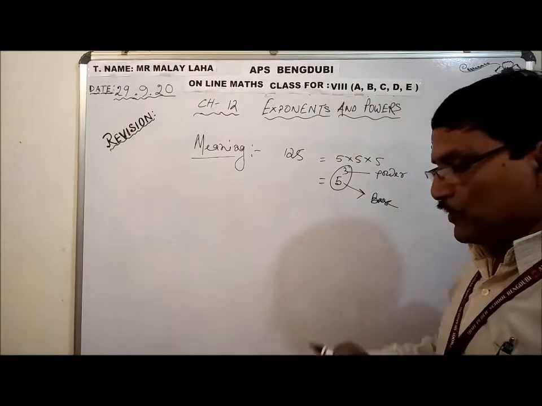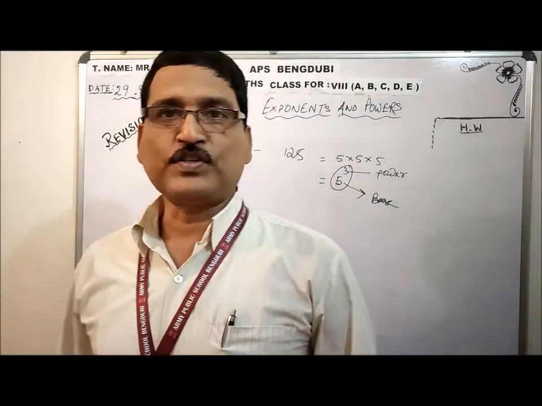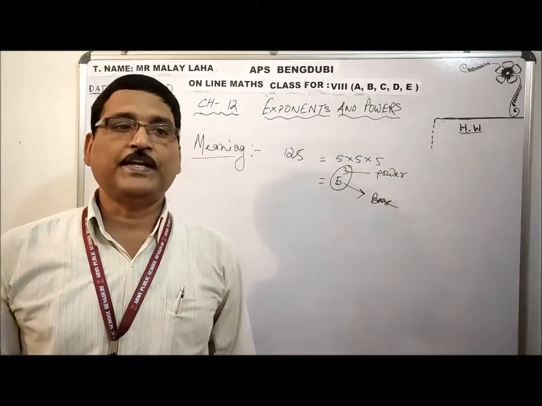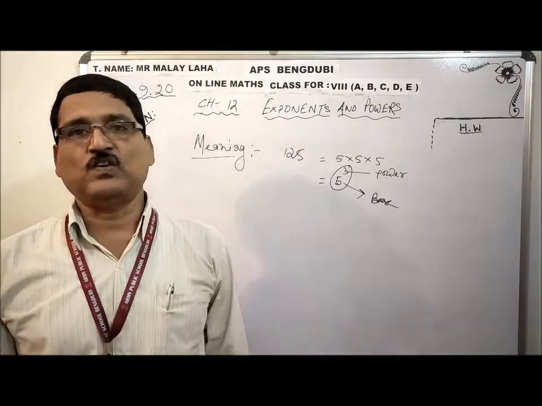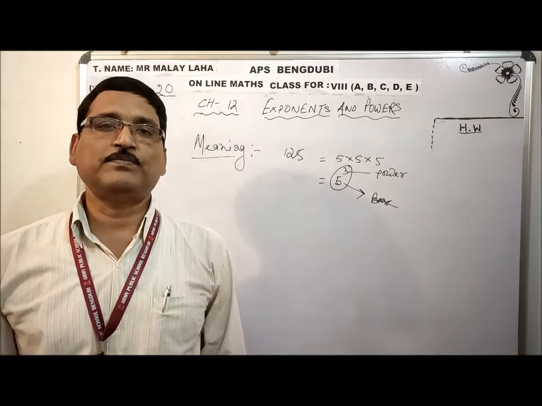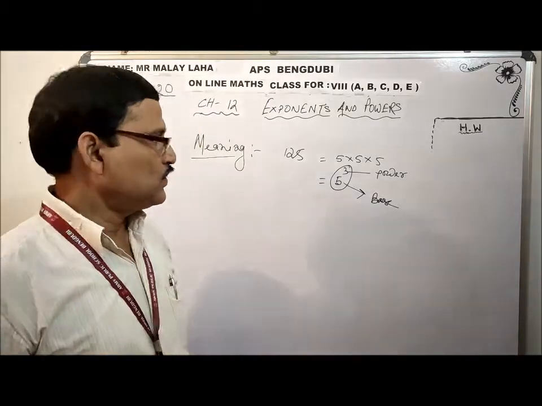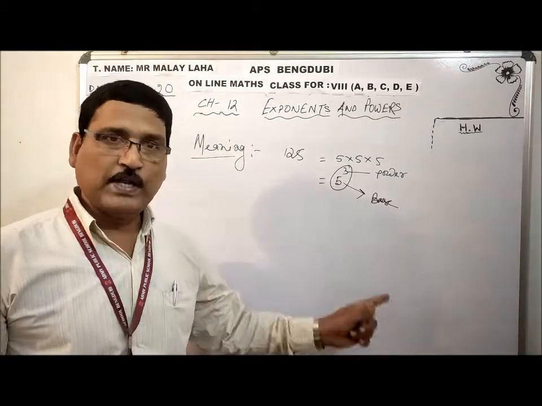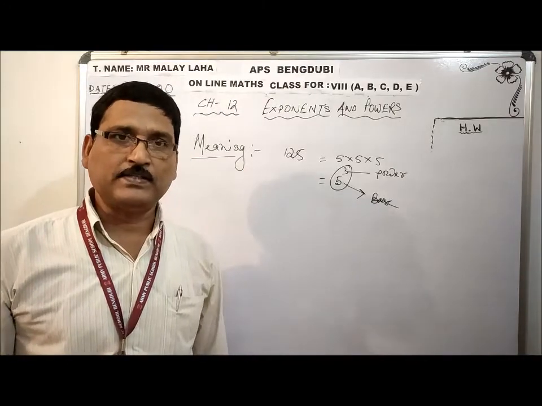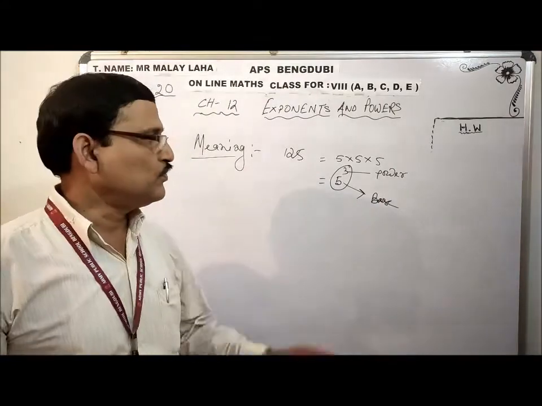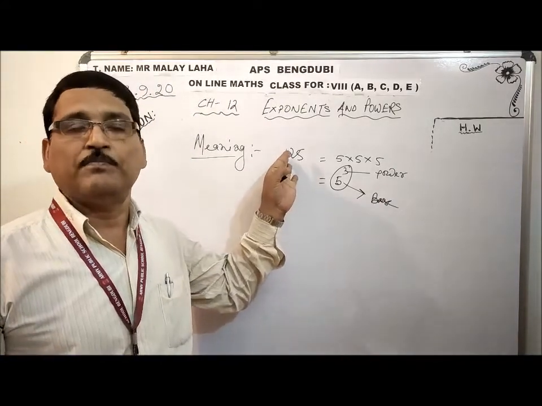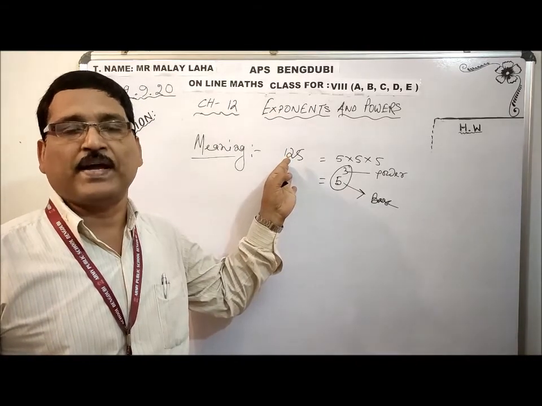Clear? This exponent may be negative, may be positive, may be 0, even rational also. Negative, positive, 0, any rational number. Are you clear? So when we like to represent any number in a standard form, what do we do? We break down the number into prime factors.